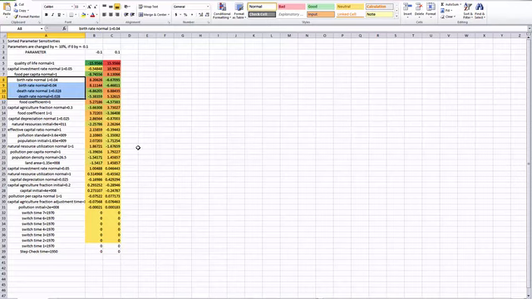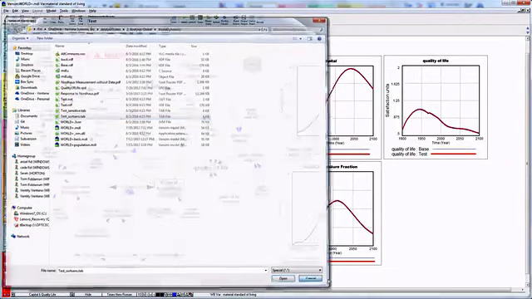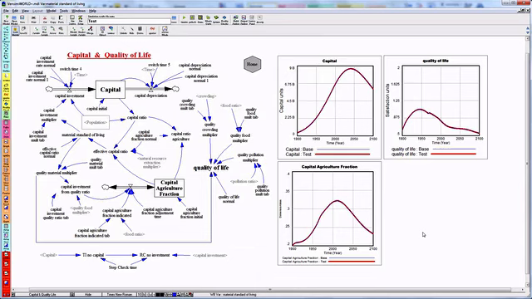So there's a lot more you can do with this sort of optimization approach, but it's a very powerful way to try to maximize the outcome or create desirable behaviors in the model, exploring things automatically that you might not think of doing in a manual experiment in a control panel.